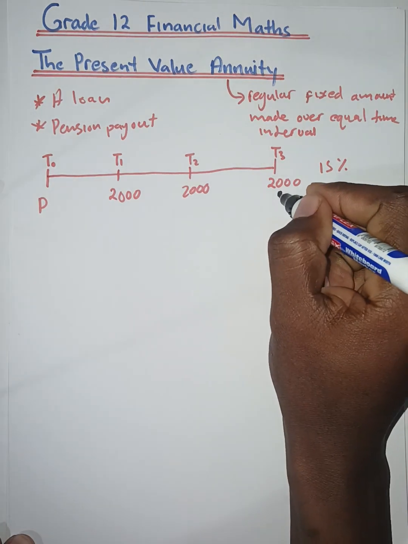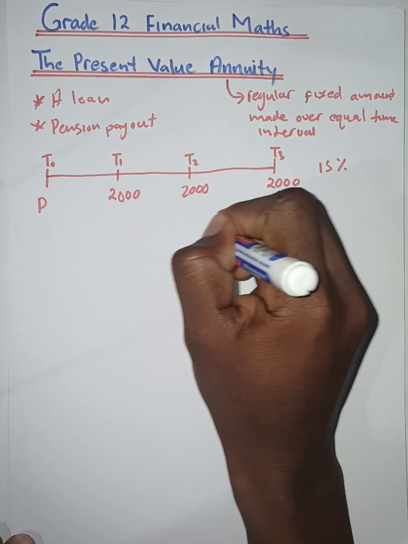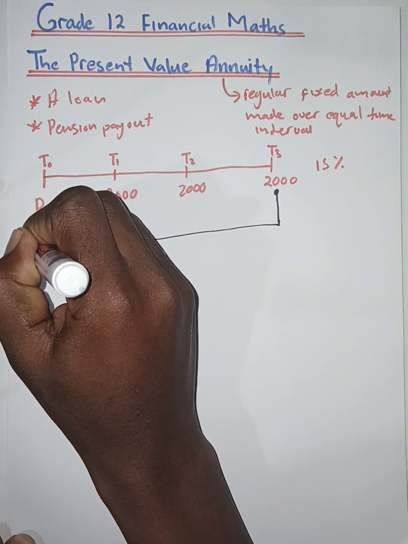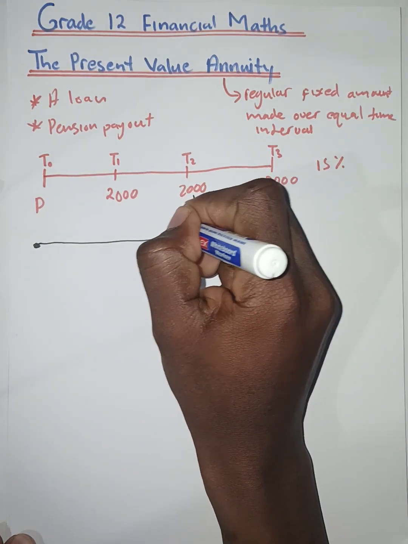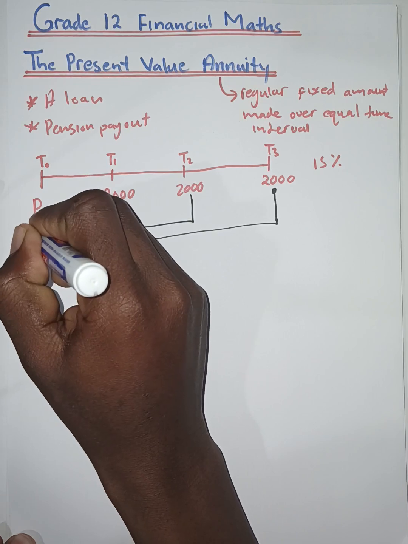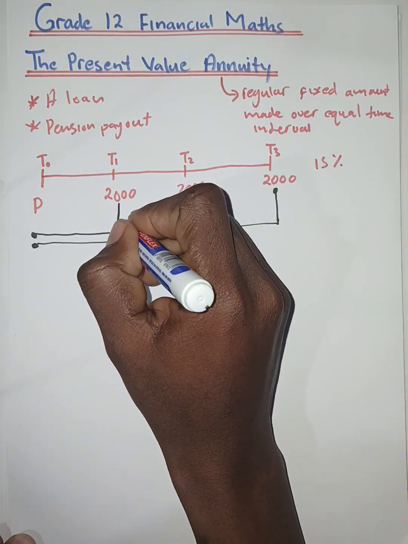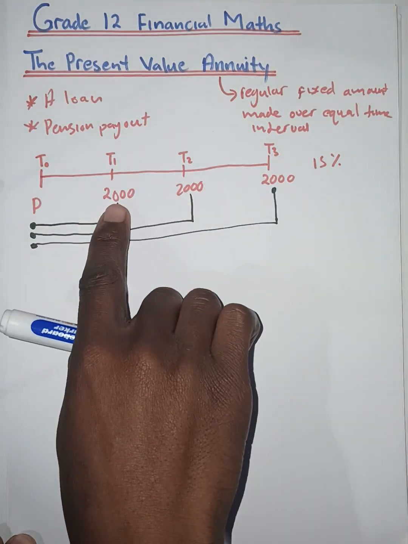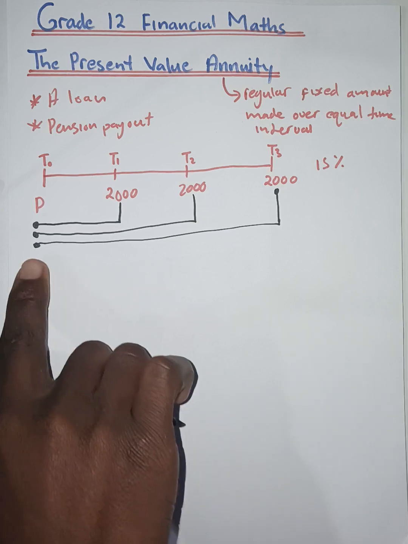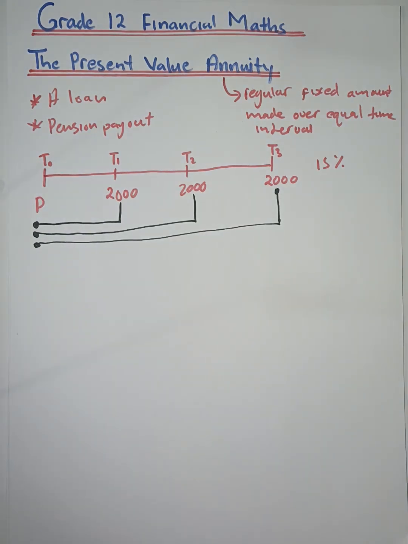So I would find out how much that 2,000 would be at T0 at the beginning, and I would do the same with the 2,000 at T2, and the same thing for T1. If I know how much those 2,000 payments are worth at T0, I will know how much of the loan I was granted.